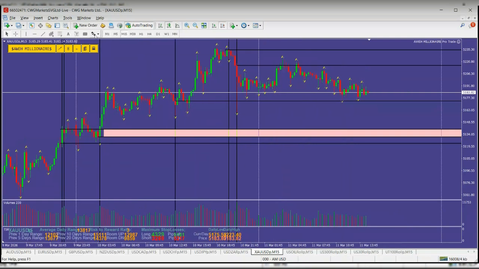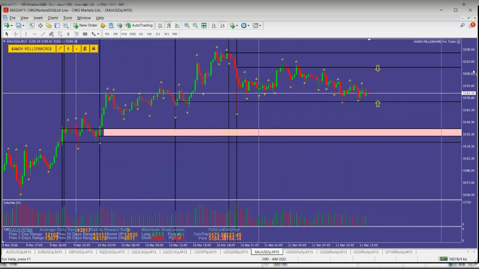So when we look at gold right now, we've got demand number 1 over here, demand zone number 2, demand number 3. Then we also have supply number 1 up here, supply number 2 above. Okay, and these will be the levels of focus for gold for this coming CPI. And that's our first commodity.